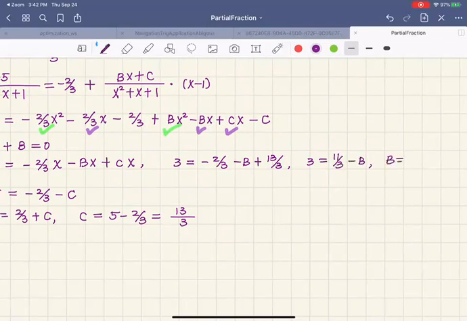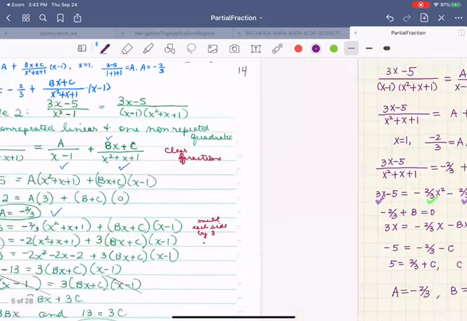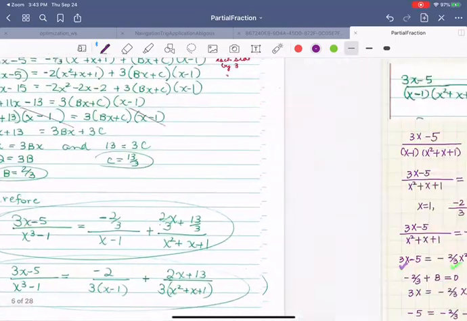So b is equal to 2 over 3. That's it. Make sense? Yeah, that's the ABC value.